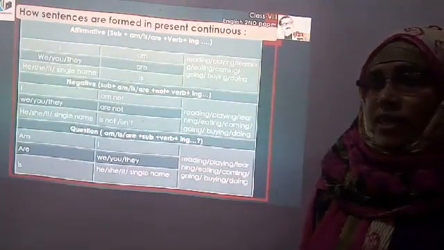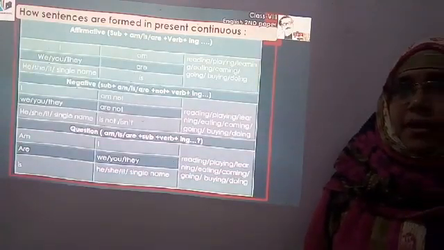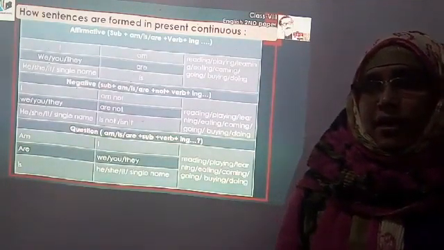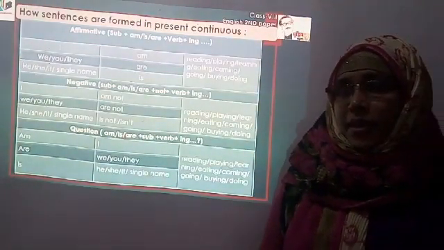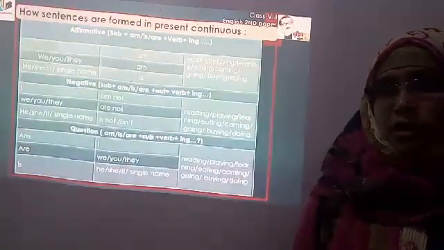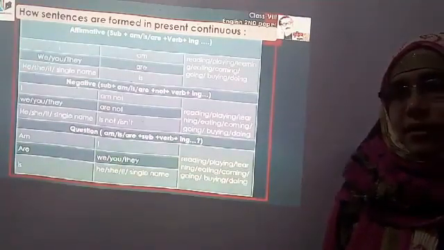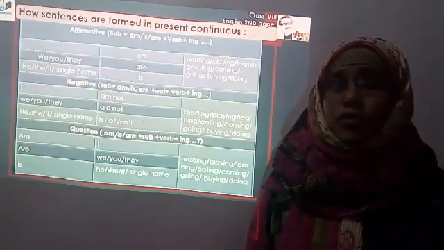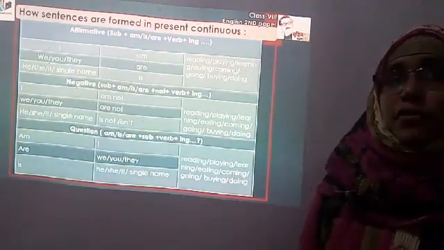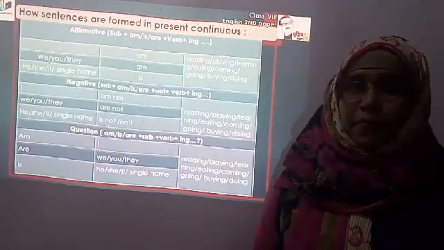Here, I is the subject, am is the auxiliary verb, and reading: read is the main verb and it takes ing. Remember, when the sentence is continuous, you have to use ing after the main verb.